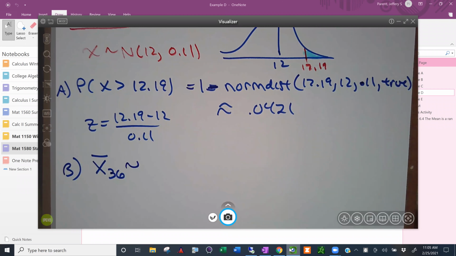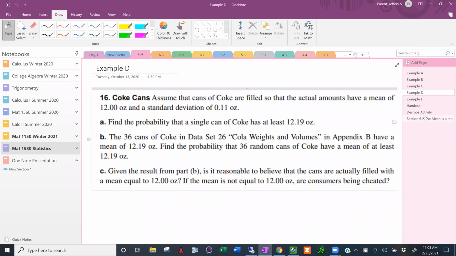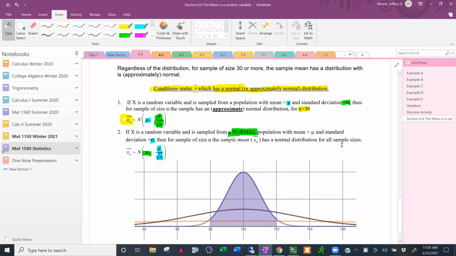And now we've got to figure out, well, what's the distribution? Well, for that, let me go back to our handout. If we start out with a normal distribution like we do here, then the sample mean for samples of size n is going to be distributed with the same mean as our parent population, but the standard deviation is going to be sigma over the square root of n.